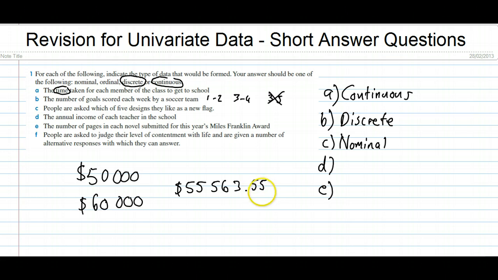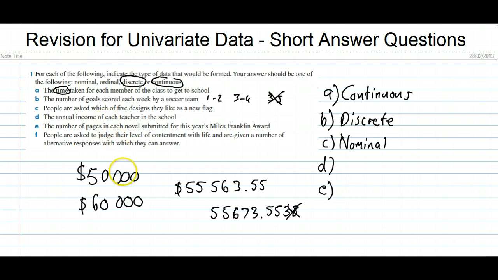We're not going to be able to get a teacher who earns $55,673.55 and a few more decimal places on there. This can't happen because you don't get paid in fractions of a cent. Nobody does that. I've never heard of it happening in my entire life.